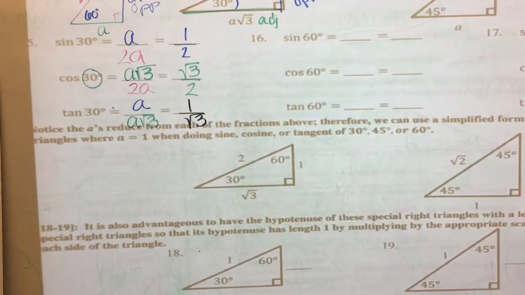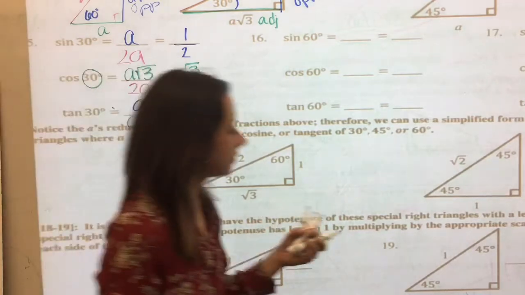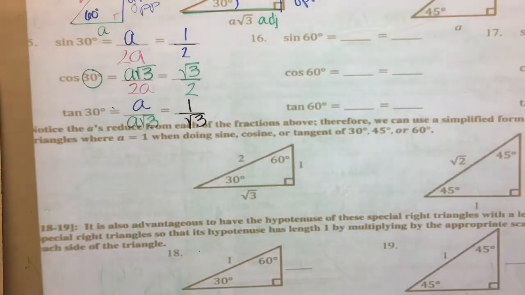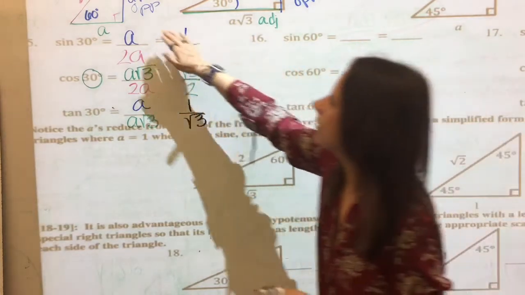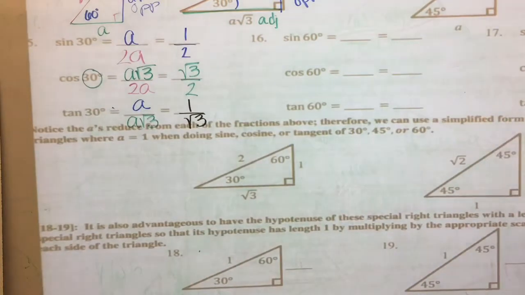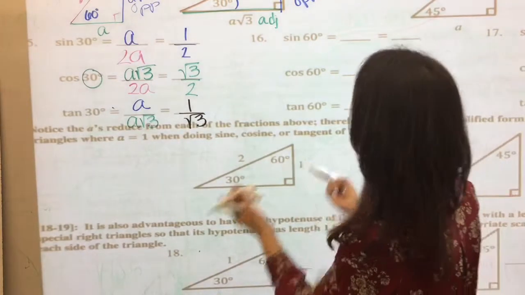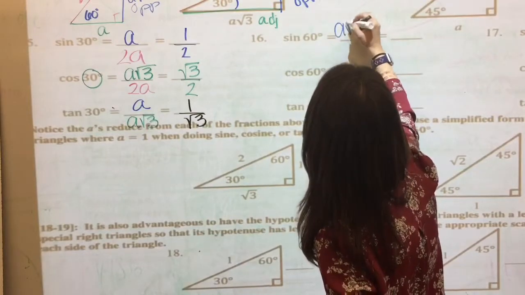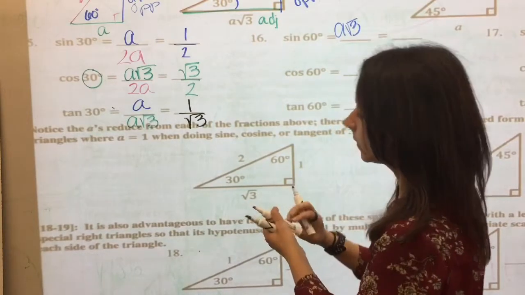Okay? And let's see, Haley, can you help me find that one? What is sine of 60 using that special right triangle? I'm using this one now, the 60. A root 3 over 2A.